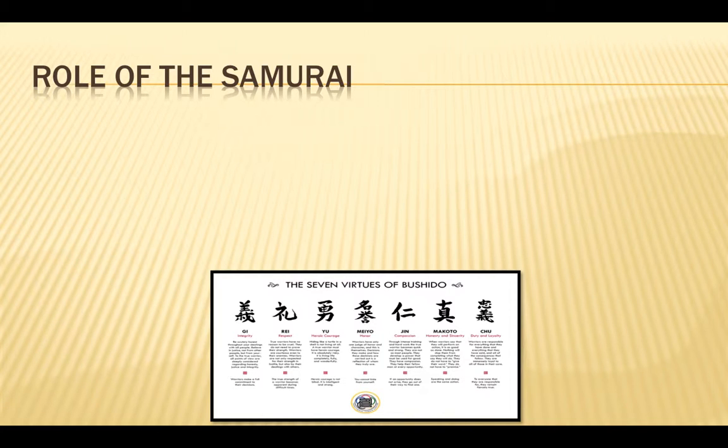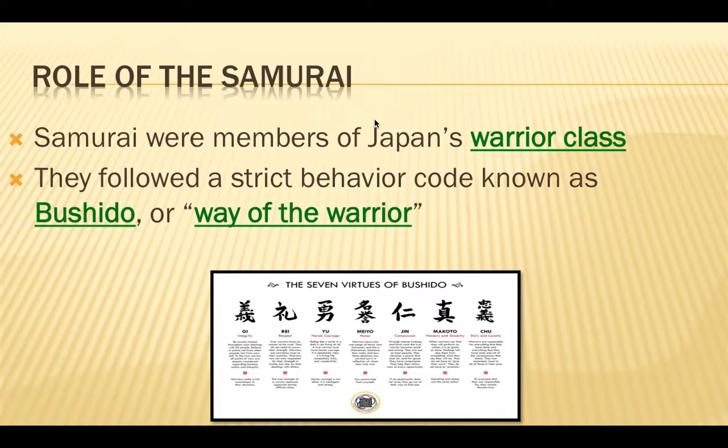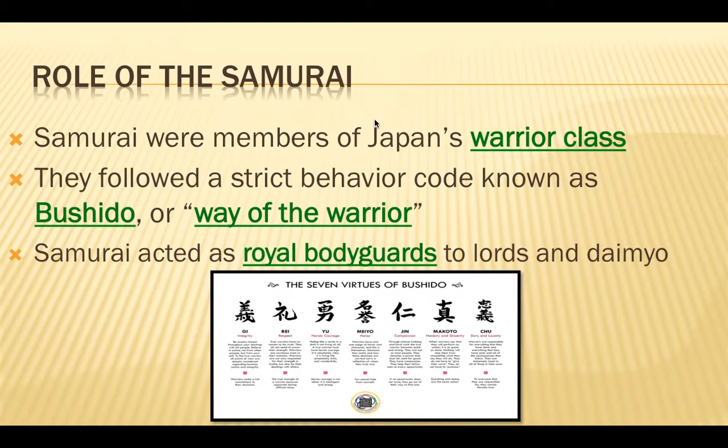The roles of the samurai, well, they come from a warrior class. They follow a strict behavioral code known as Bushido, or the way of the warrior. And they act as royal bodyguards for the daimyos and the shogun and the lords.